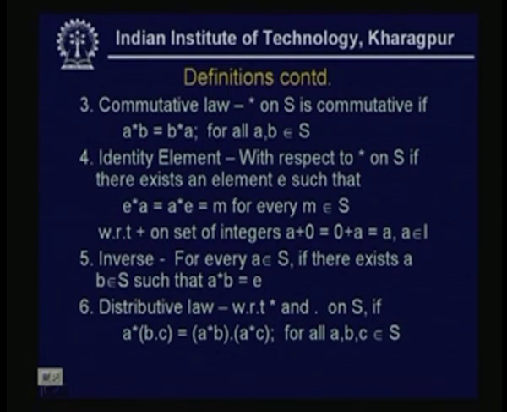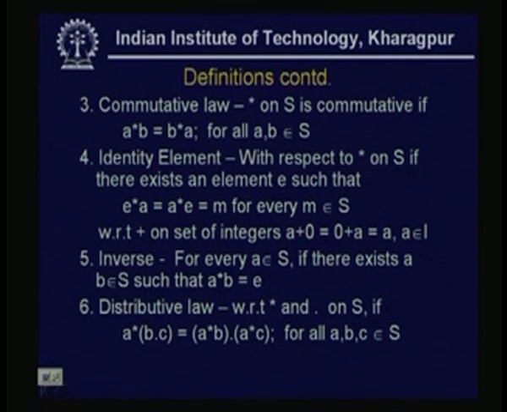Now, see here the rule is we take two operators star and dot, and we take three elements on the set S. Now, say three elements are A, B, C. We take two elements B, C, that is operated by the operator dot. Now, the result is operated by the another operator star, and the operand is the third element.